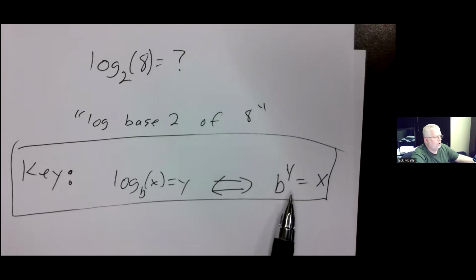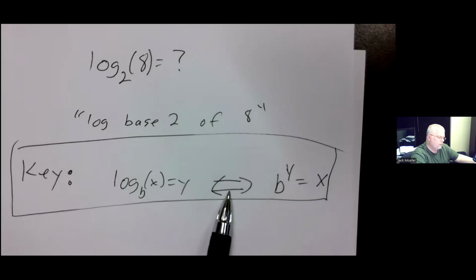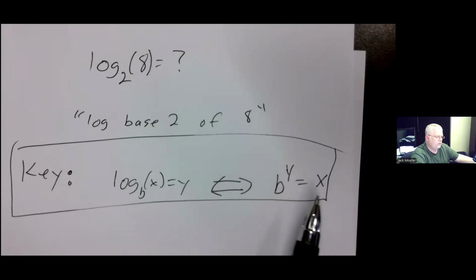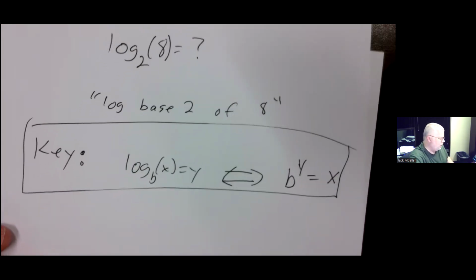I've done it so often that in my brain it's automatic, so I don't have to consciously think about converting them. But that's still how I think of logs: what's the equivalent exponential expression. The reason this is a double arrow is because it goes both ways. So we can take any log expression and convert it to exponential, and any exponential expression and convert it to a log. And we're going to have a lot of examples on that. But right now we're just establishing what is a logarithm.